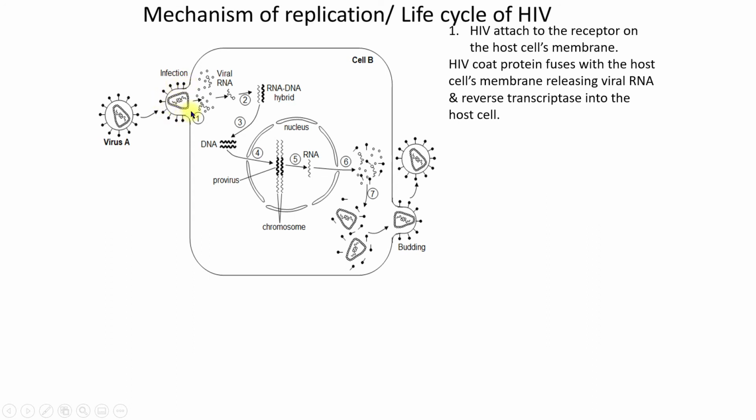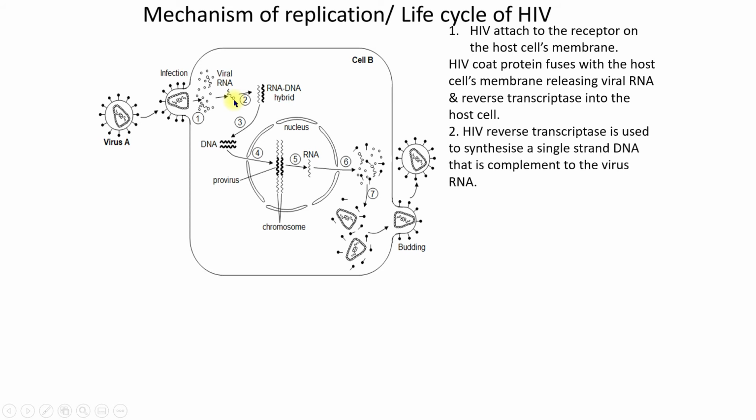So the HIV envelope protein will fuse with the host cell's membrane, releasing the viral RNA and reverse transcriptase enzymes into the host cell. So this is the viral RNA and this is the reverse transcriptase enzyme, yang bulat ni, ini yang bulat ni ialah reverse transcriptase enzyme.